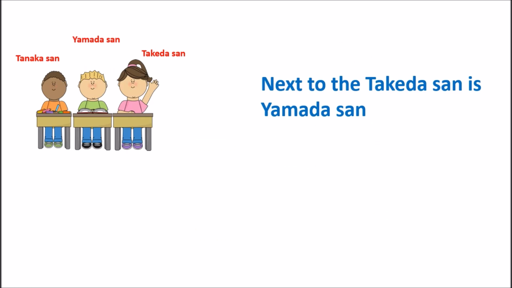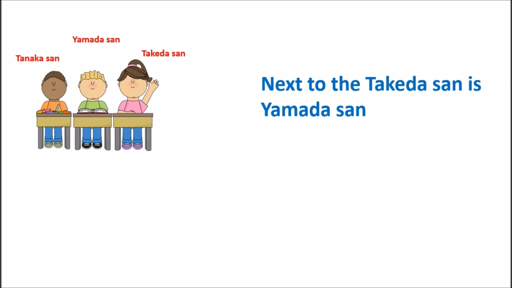Let's see the picture. On the left side, we have Tanaka-san, Yamada-san, and Takeda-san. We want to create a sentence like next to Takeda-san is Yamada-san. How to say this sentence in Japanese?